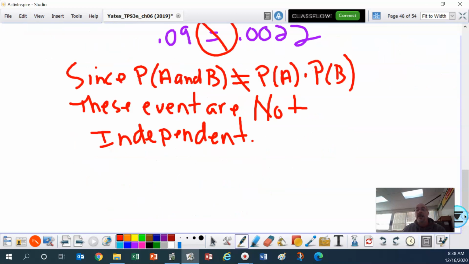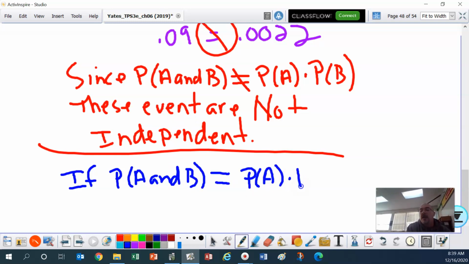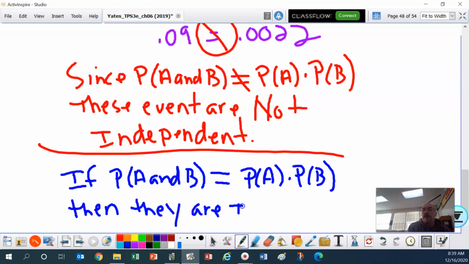If you want to write the other form: if the probability of A and B equals the probability of A times the probability of B, then they are independent. But since they did not equal each other, they are not independent. That means they are not mutually exclusive. They are not disjoint. All right, let's keep rolling here.